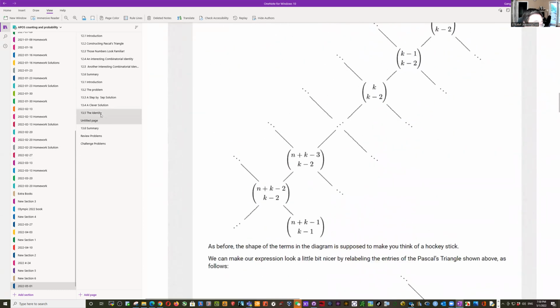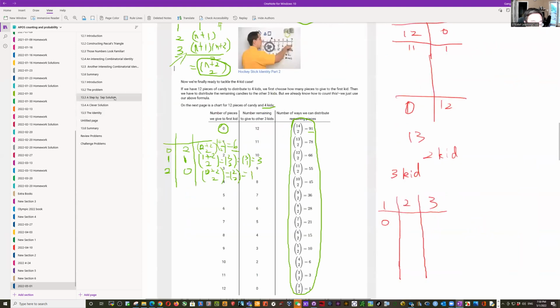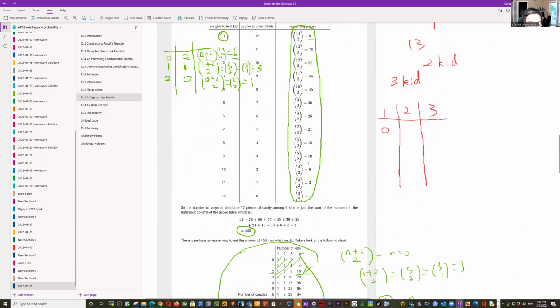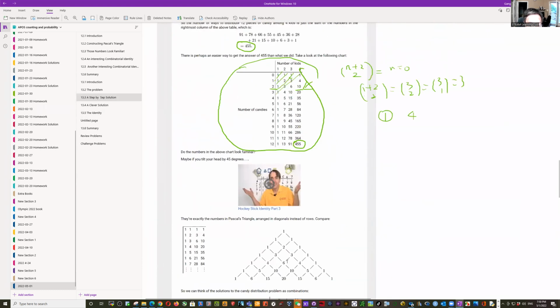The way you discover this is by listing a table and mapping the elements to each other with the true definition of the Pascal triangle.